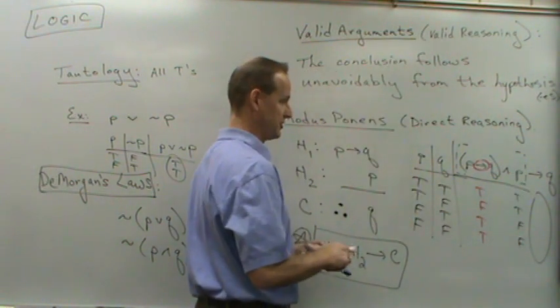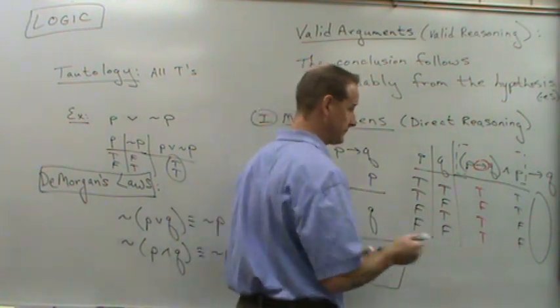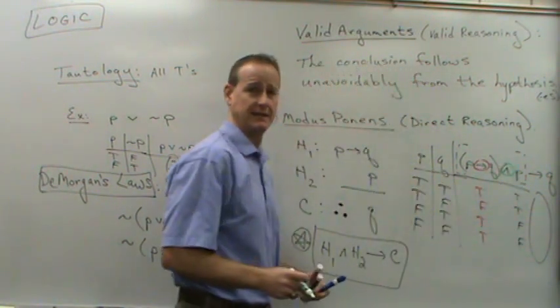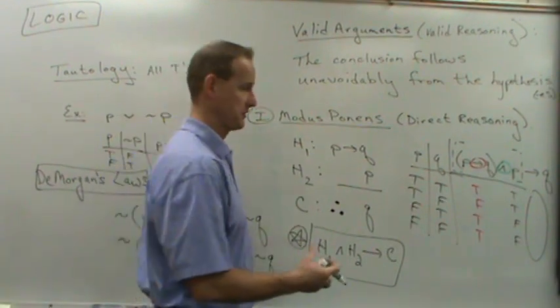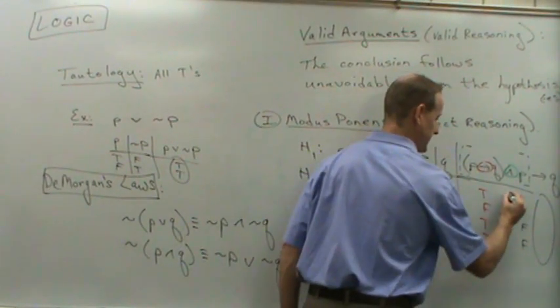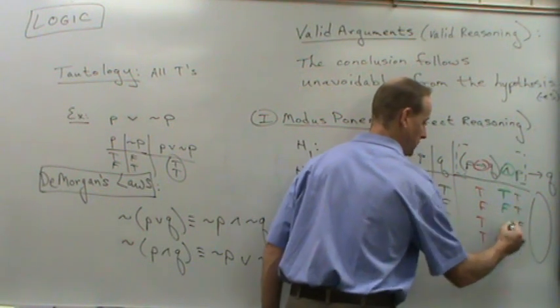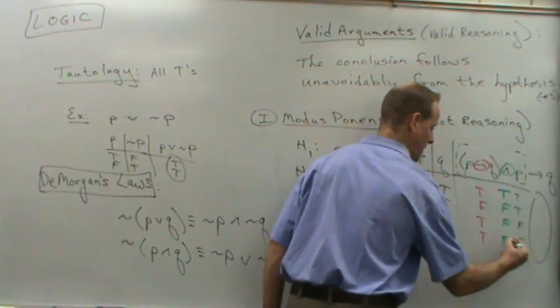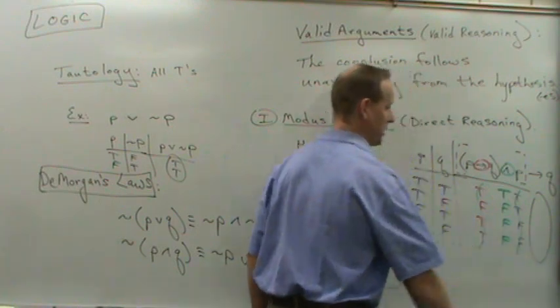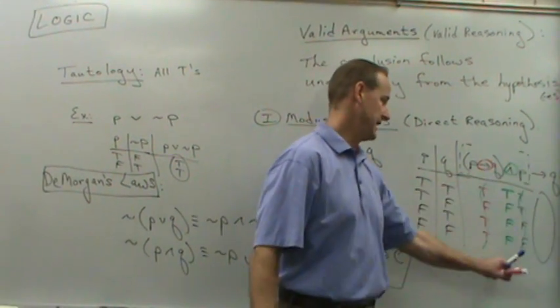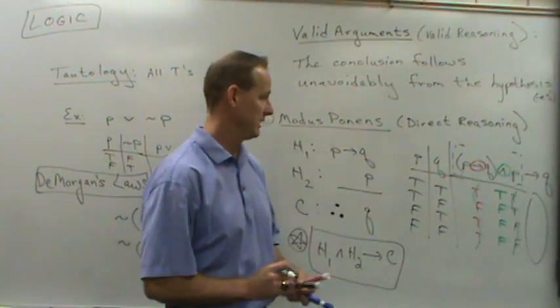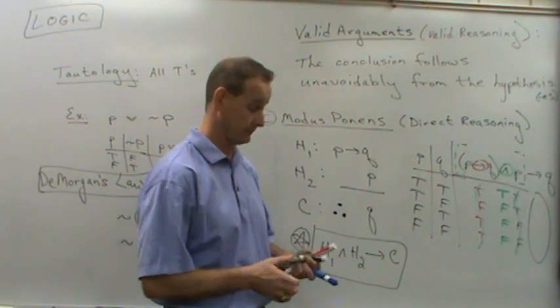And I'm going to take the conjunction of those two. So remember, for an and, the only way it's true is if both parts are true. It's harder to satisfy an and statement. So true and true is true, false and true is false, true and false is false, true and false is false. So guess what? I can get rid of those now. And so the left side of the conditional now is true, false, false, false.